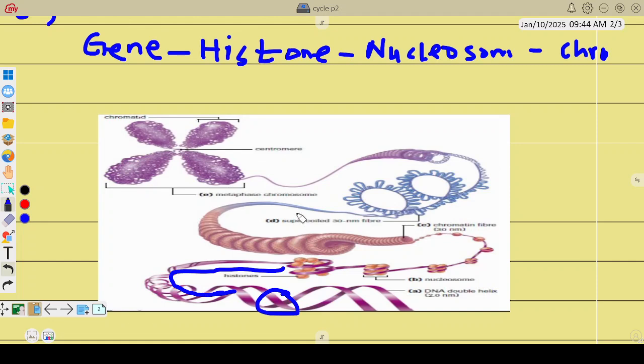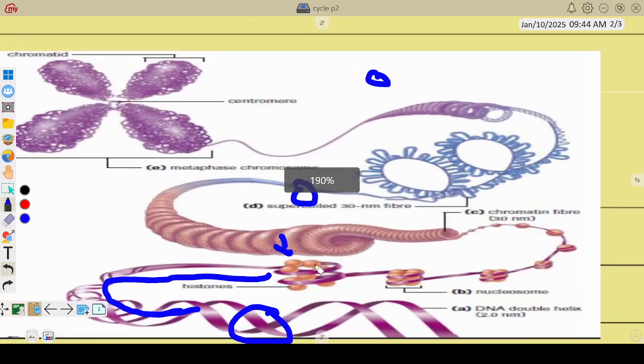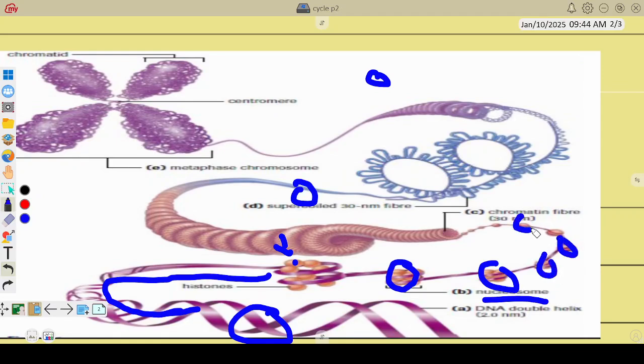So these two are beads, the two are balls, which you can see here. Should I zoom in? Okay, I hope you're able to see. So the histones will be wrapped around by the genes. We have another histone here and a gene. So together they form a nucleosome. So we have a nucleosome, nucleosome, nucleosome, nucleosome.